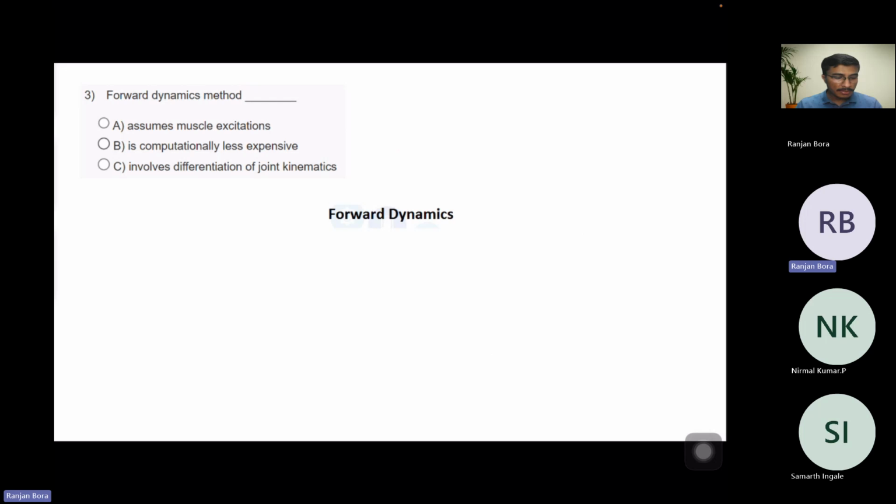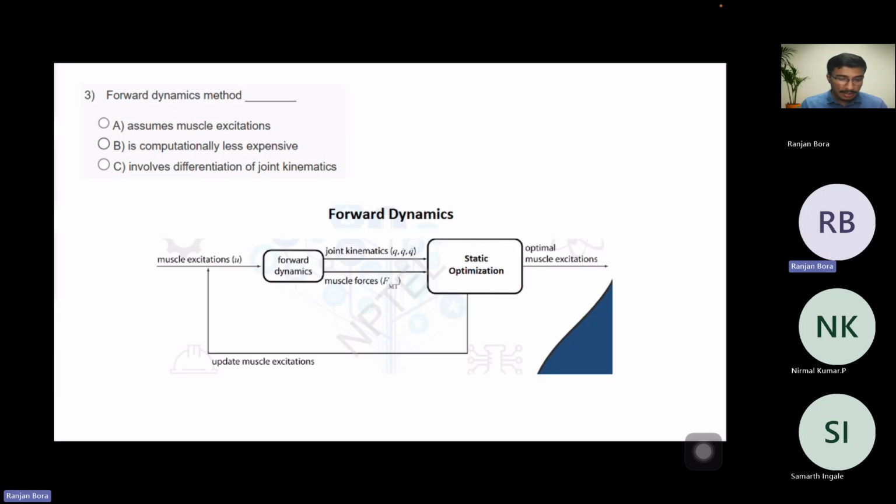Okay, the next question is about the forward dynamics method. What is the input for the forward dynamics method? Yeah, it assumes the muscle excitations.